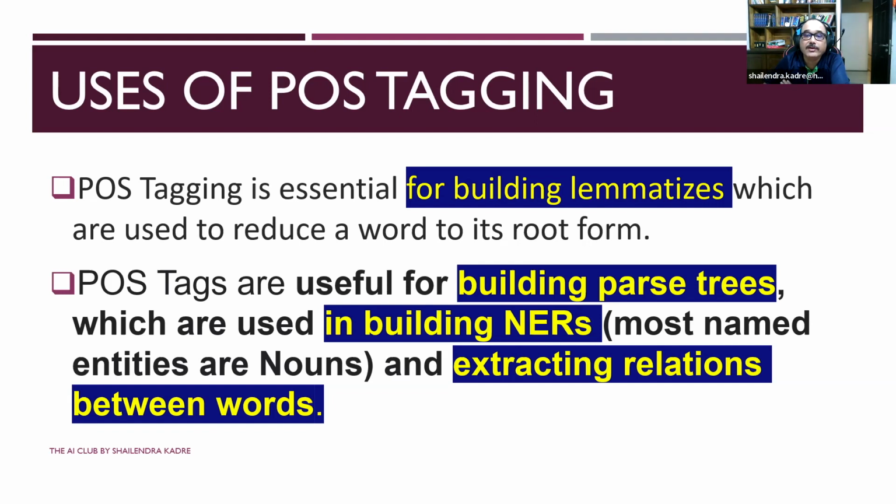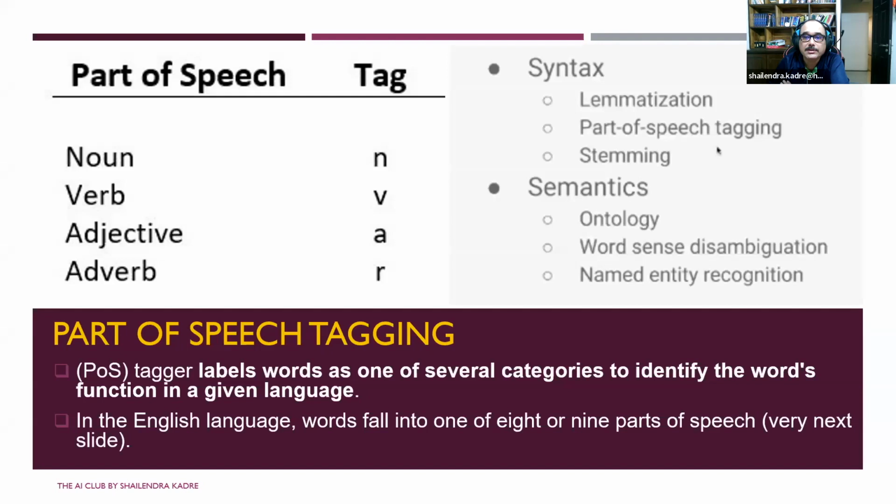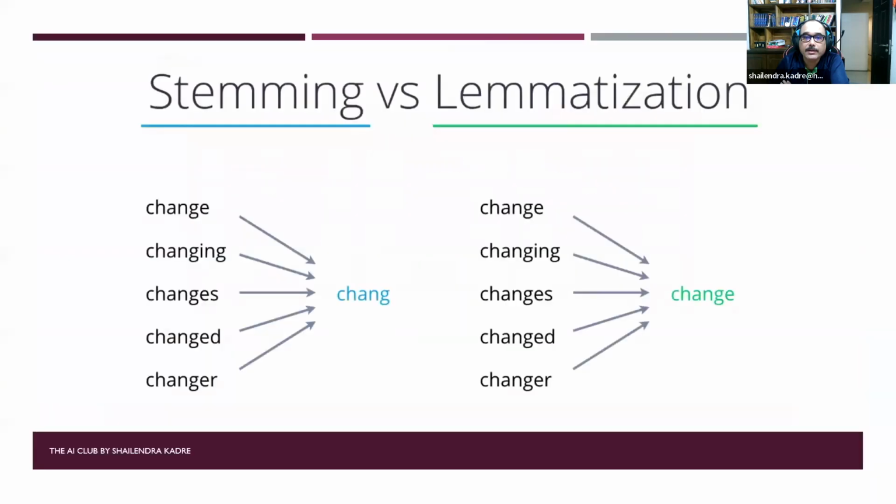Like if I take you once again to this particular PPT, here: change, changing, changes, changed, and changer. The lemma will be change because it's the proper root word of English. So we are reducing to a proper root word. And if we just remove the suffixes ing, es, ed, and er, it will convert to chang.